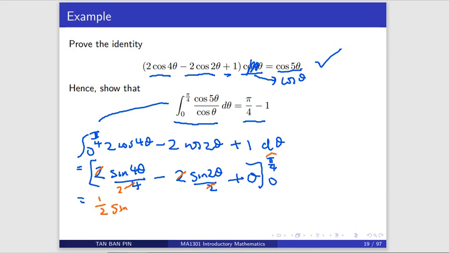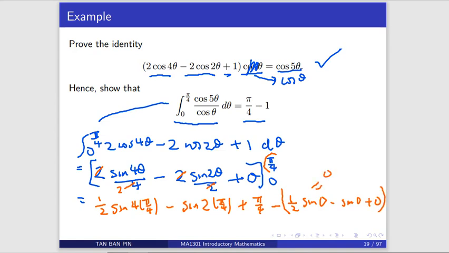So it should be half sine 4 bracket pi over 4 minus sine 2 bracket pi over 4 and plus pi over 4, then minus half sine 0 minus sine 0 plus 0.